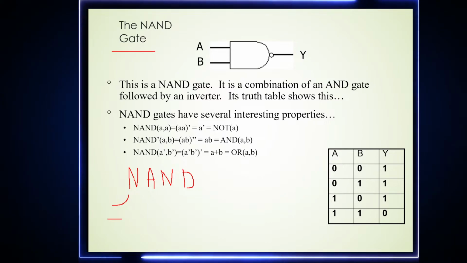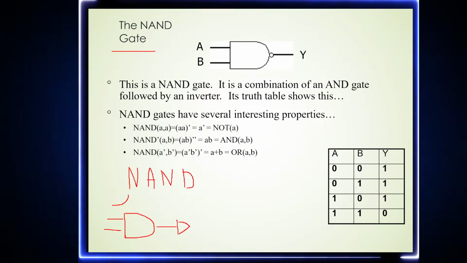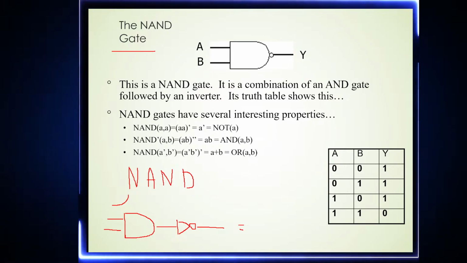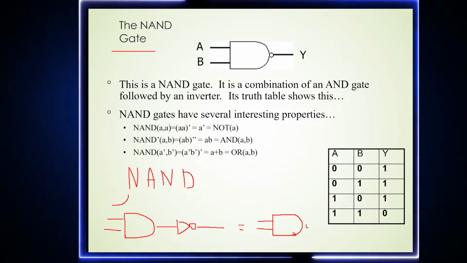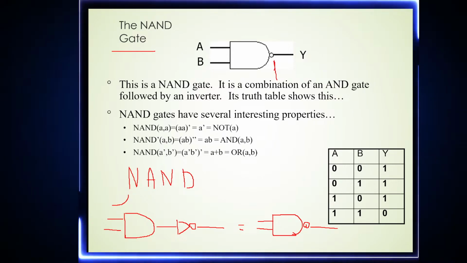It is nothing but NOT AND. This is our AND, and if I attach a NOT gate to this, it will give me my NAND gate. So it is also called as knotted AND. What is the difference? It is just having a bubble over here.